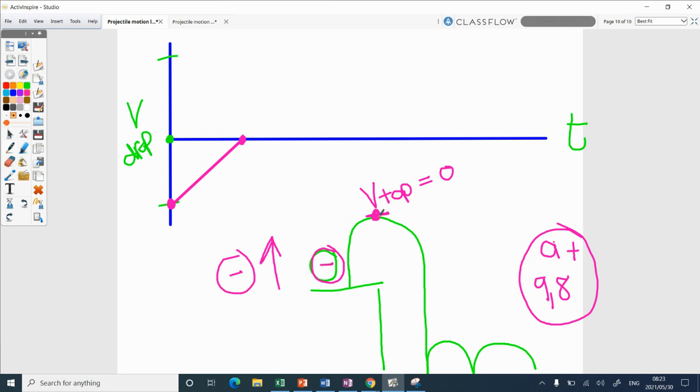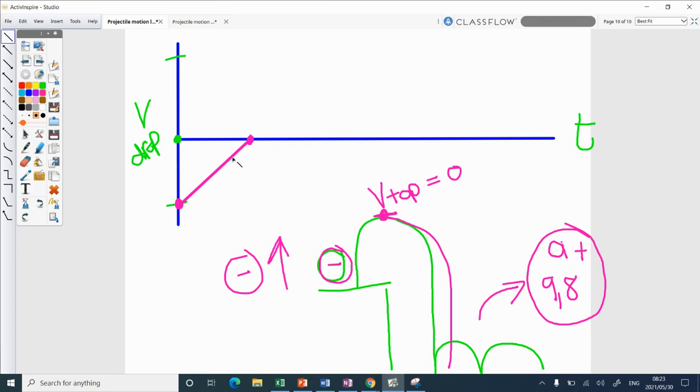Now, when it goes from there, it starts from zero, and it goes faster, faster, faster, until it hits the ground. Where will it always have its maximum speed? Just before it hits the ground. So does the acceleration change? When it goes this bit, no, it's still 9.8, exactly. So this line must just carry on straight.